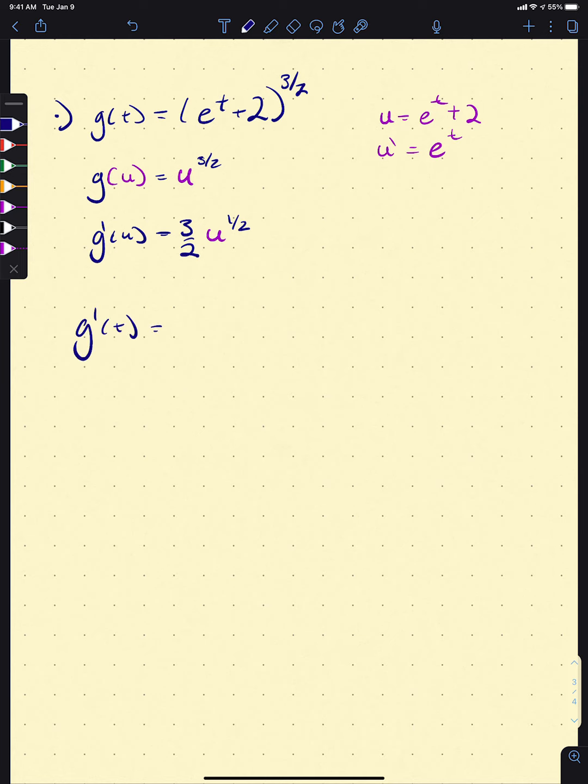So then g prime of t is 3/2 times whatever we called u, which is e to the t plus 2, to the 1/2, all times e to the t. Okay, and you could absolutely grab your e to the t and bring it out front, as long as it's clear that your t is an exponent.